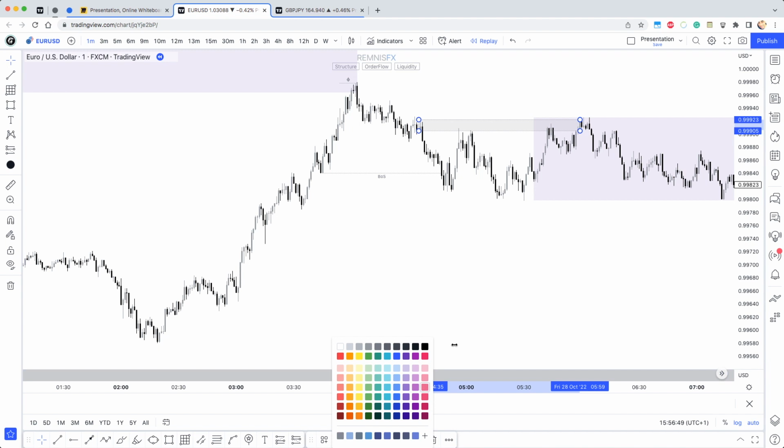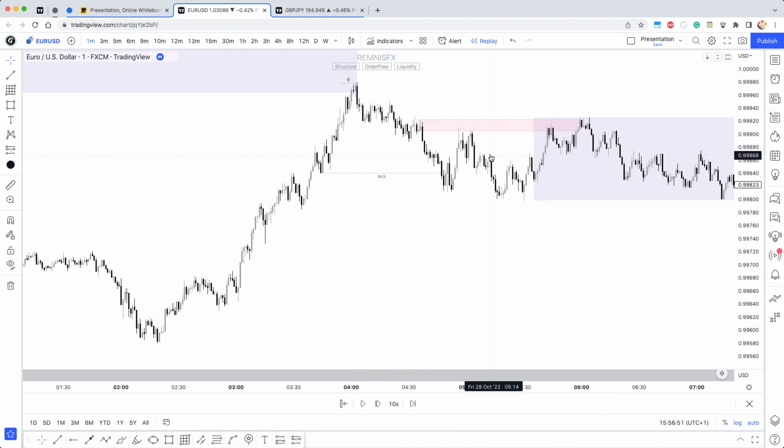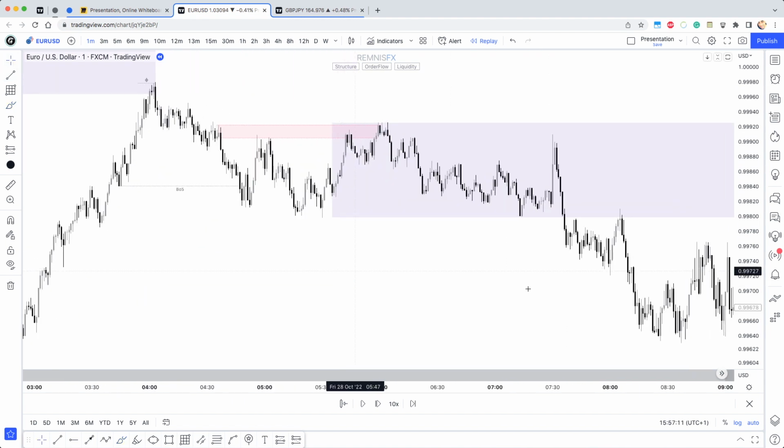Sorry, red, yes. And look what happened here. They got tapped, right? And they were happy because they think, okay, we're in profits now. And then what did happen? Price came back, tapped them out exactly at their stop loss, right? And then continued further to the downside.